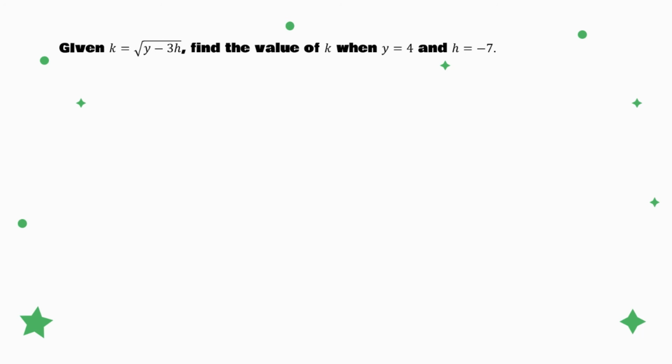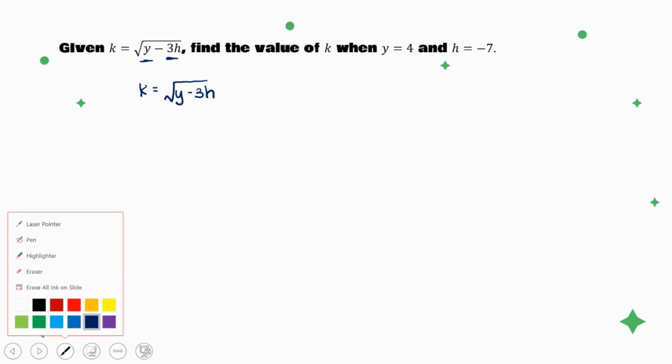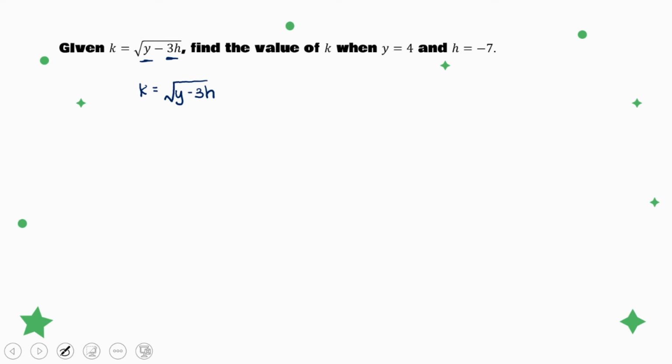We already have information about y and h. So we copy back the question. K equals to square root of y minus 3h. So we substitute the value of y and h into the equation.